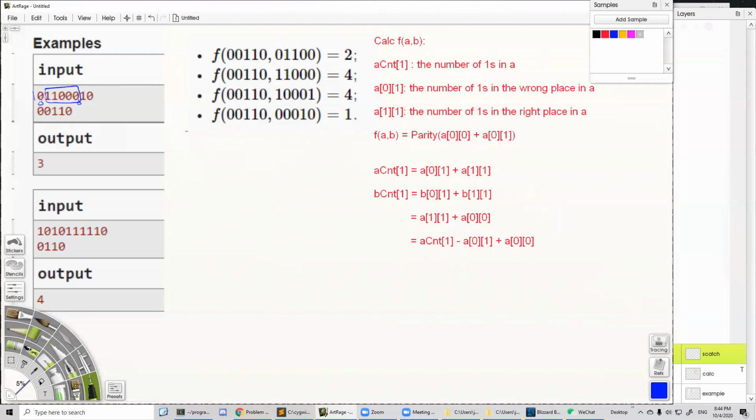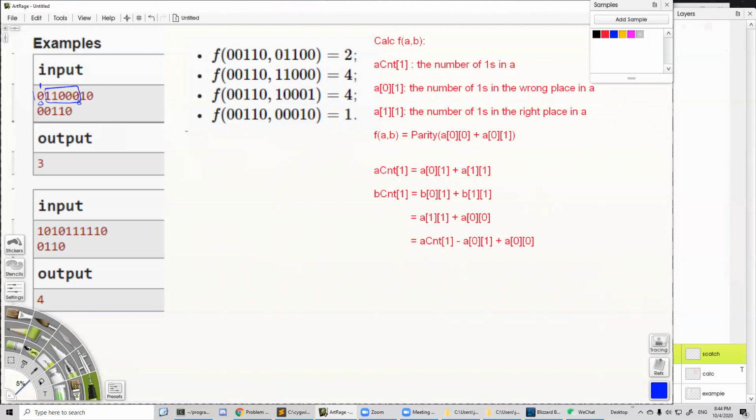If the first digit is 0, then we don't need to change the count, right? Because we only keep track of the number of ones. So if the first digit is 1, then we should decrease the counter by 1 because we remove the first digit from the first string, right?